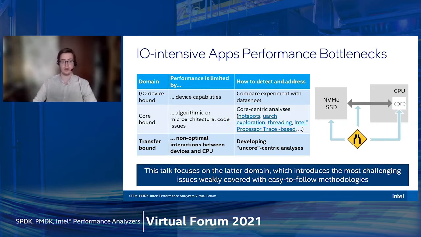The performance in this case is limited by non-optimal interactions between devices and CPU, and multiple different agents are involved in this case. And in this talk, we'll see how to detect and address such issues using Intel VTune Profiler.